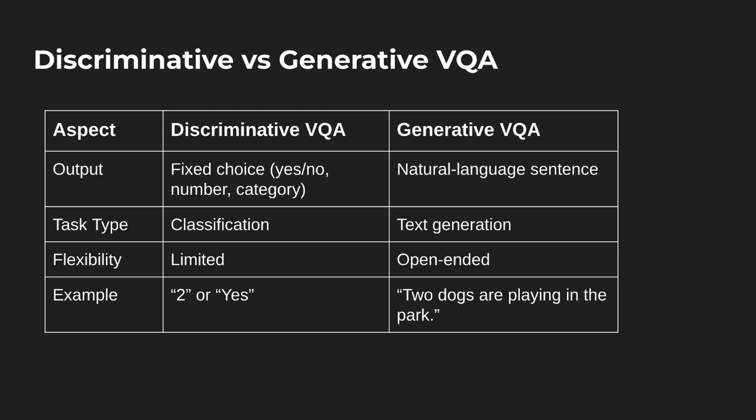While generative VQA needs to output a full sentence that describes the image. This makes it open-ended and much closer to how humans describe what they see. So in simple terms, generative models provide answers that are context-aware and expressive.